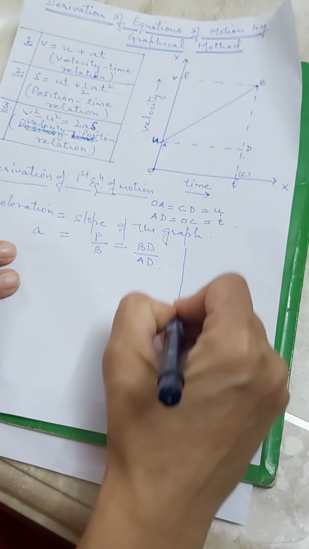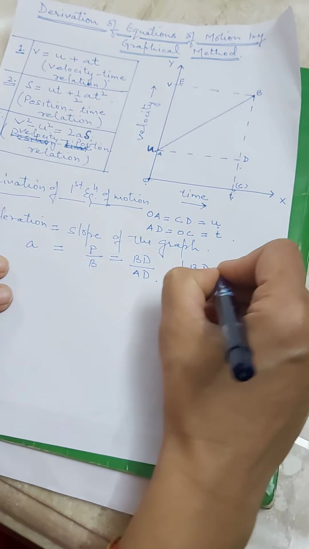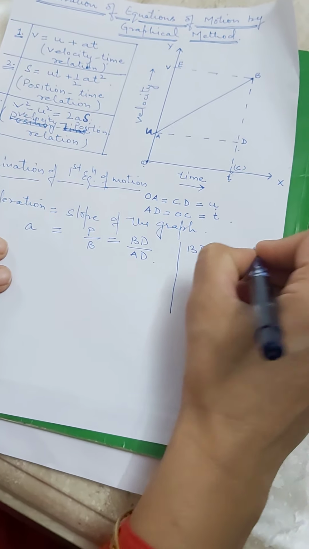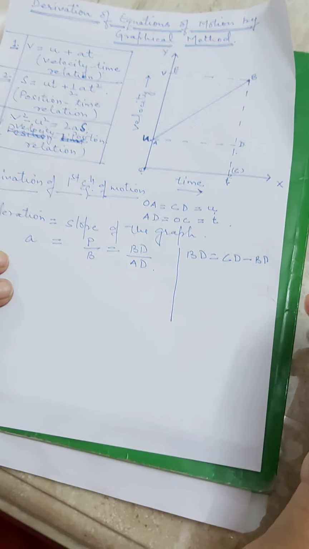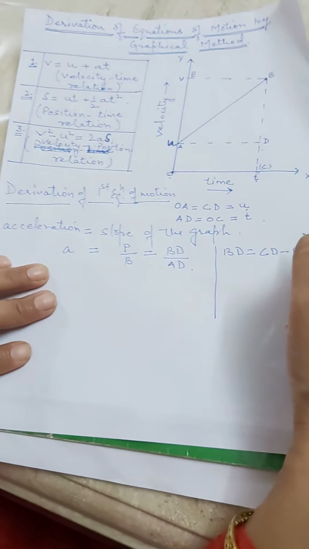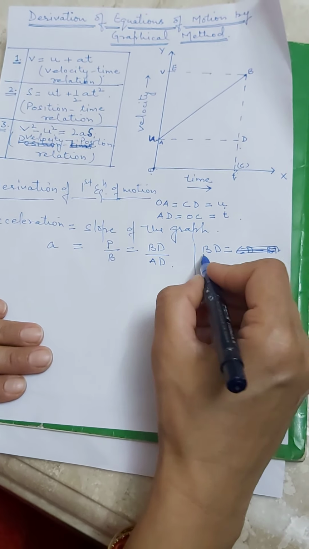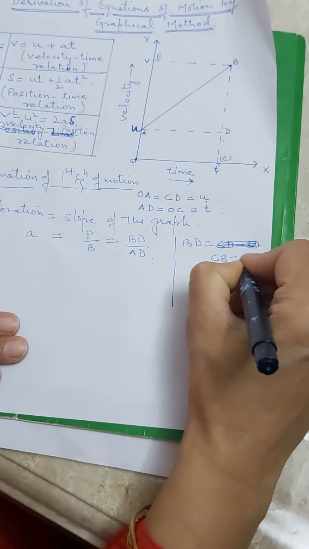And what is BD? Can we write BD is equal to CB minus CD.